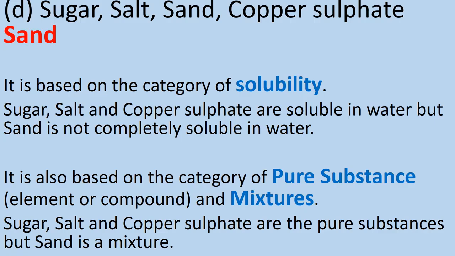It is also based on the category of pure substance, that is element or compound, and mixtures. Here, sugar, salt and copper sulphate are the pure substances, but sand is an example of a mixture.